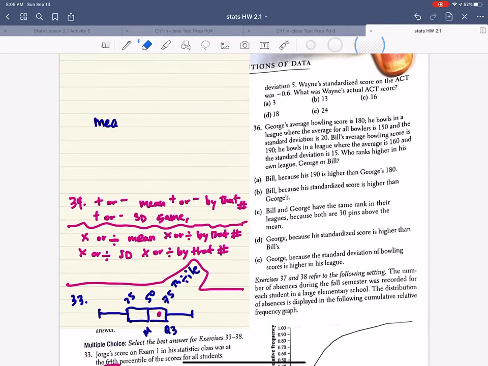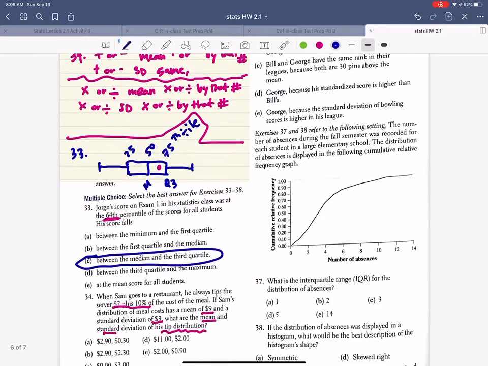So $9. Standard deviation is $3. So the tip, they said he automatically pays $2 more, right? So that means $11 plus or minus an extra 10%. So 10% of 9 would just be 90 cents, right? 10% of $9 is 90 cents.